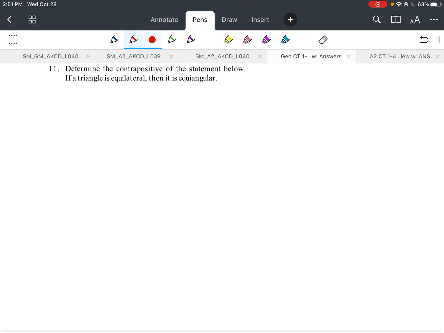Number 11, determine the contrapositive of the statement below. Contrapositive is, this is P, this is Q. Contrapositive is switch and negate, so not Q goes to not P. All right, so not Q goes to not P. What does that mean, not Q? Well, this is Q. What's not Q?